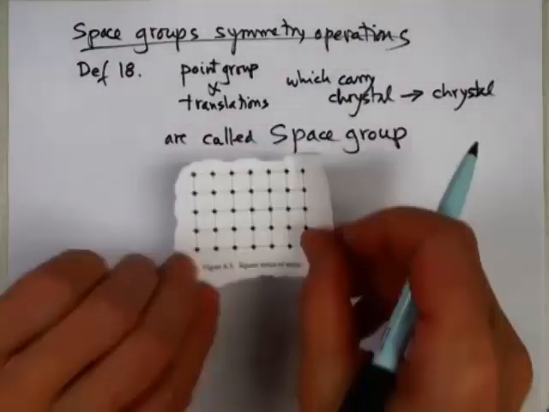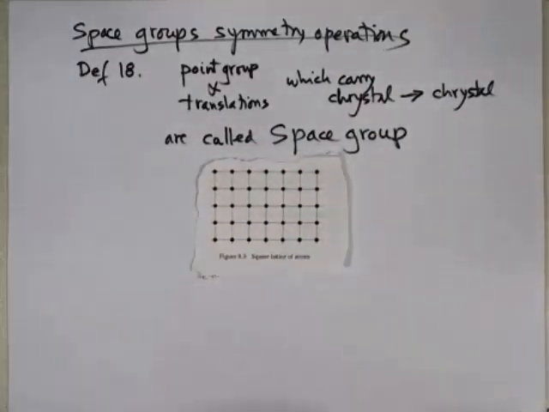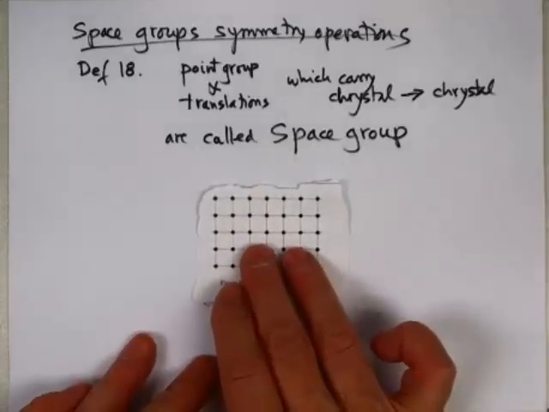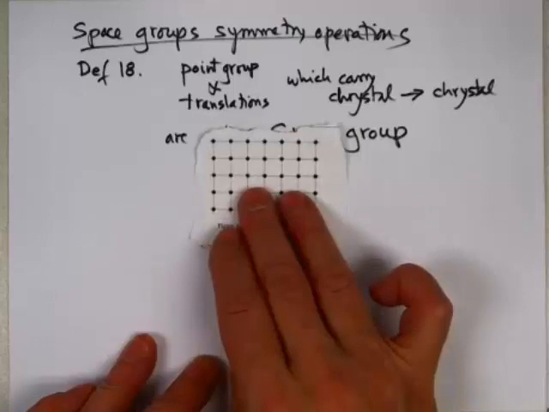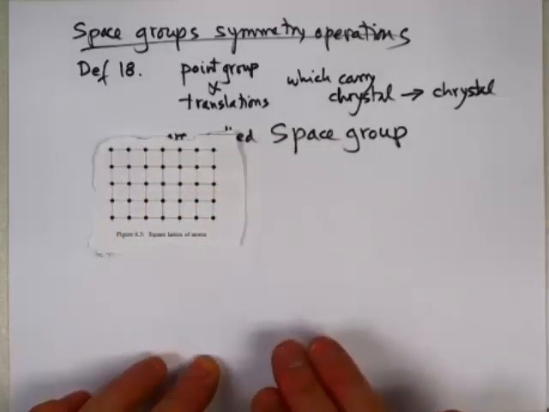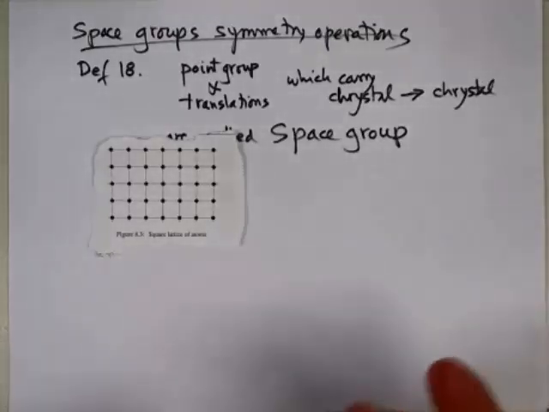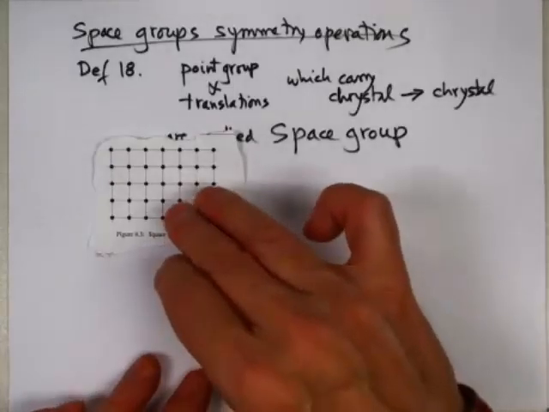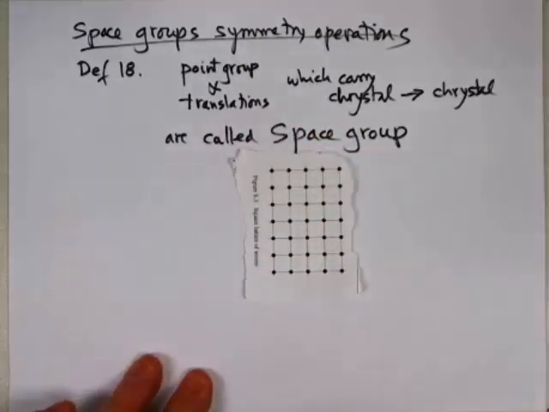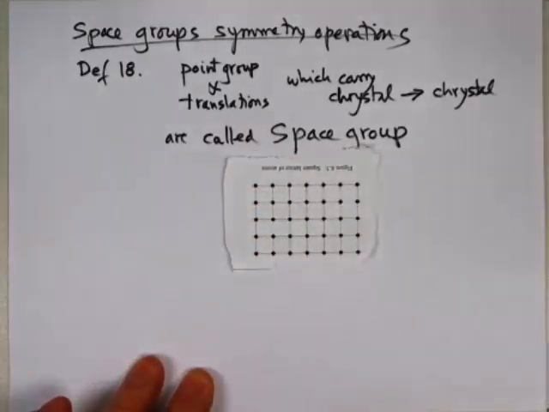For example, this square lattice of atoms, I can move it one square down, one square up, one square to the left, two squares to the left, and if it's an infinite lattice, this just being a region of it, the lattice maps into itself. I can also just turn it by 90 degrees. That's an example of point group symmetry, and turn it again. And this is still a lattice.